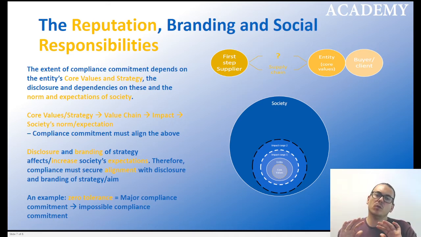Because then you will know how much I should put into my compliance commitment. But everything goes back to who you are and your core values. Are you branding yourself like zero tolerance? You will lose, because you will never be compliant with such a statement.